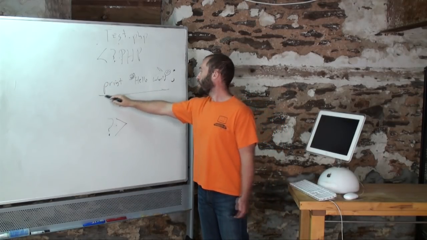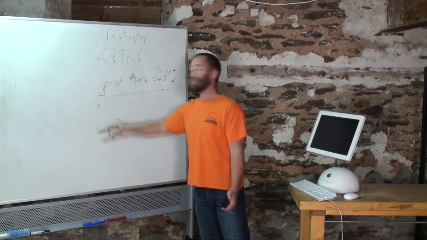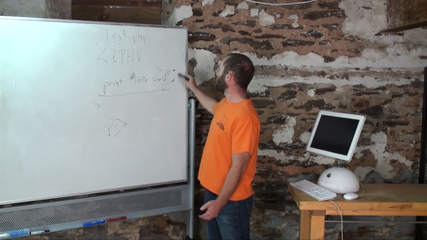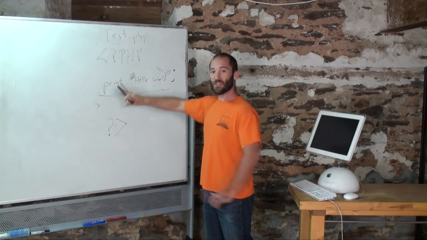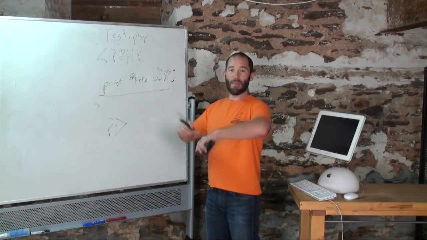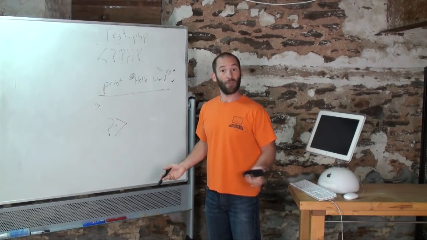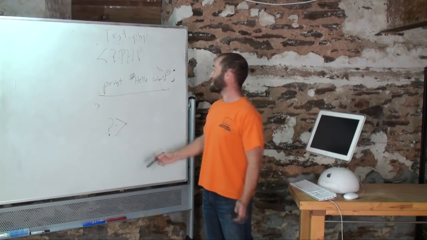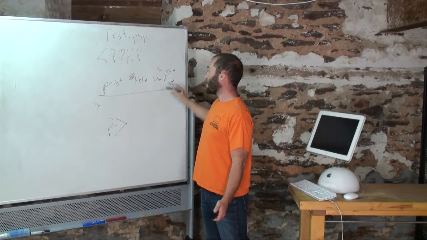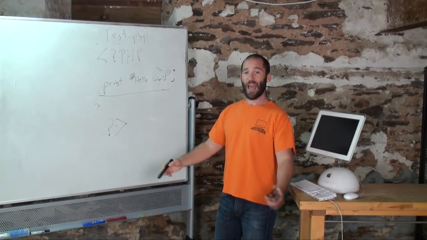That says, I want you to do this, and then once you have done that, go on to the next command. If you don't give the semicolon, then it's going to try to lump everything together. Think of it like in English, you'll get some massive, horrible run-on sentence, and nobody is going to be able to understand what's going on. So if you forget to put the semicolon, a whole bunch of nastiness can happen.